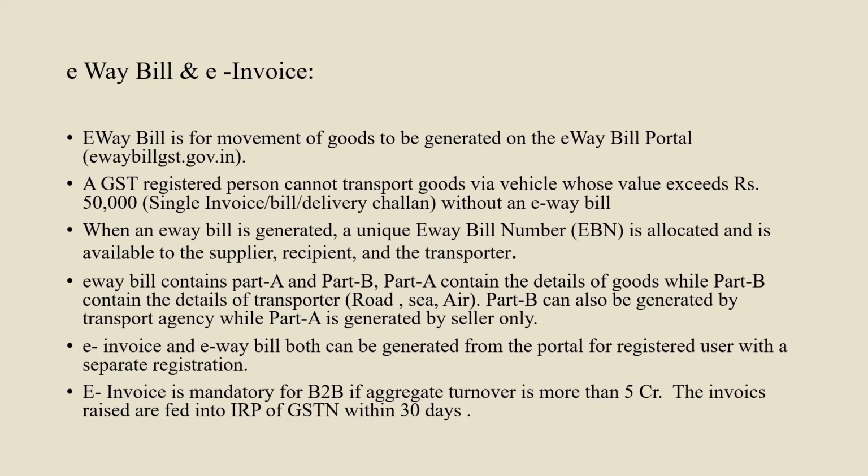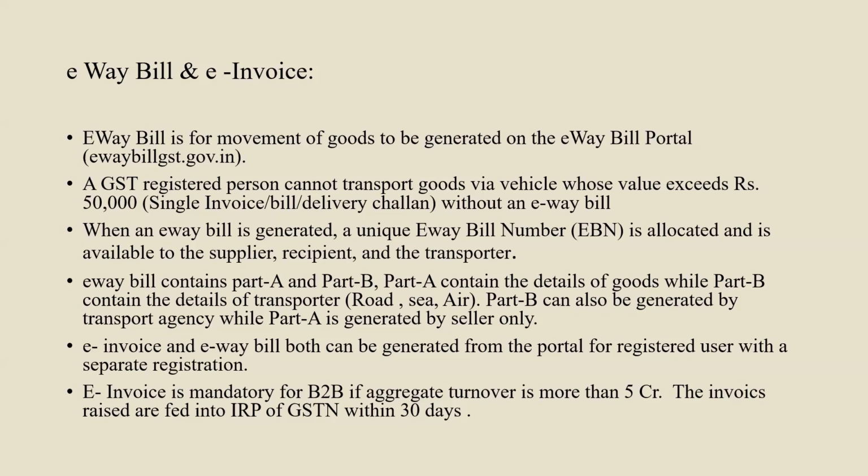An e-way bill number, EBN, will be given, and that will be on the e-way bill. So when such a product or goods of more than 50,000 are received by you as a not-for-profit, please see whether an e-way bill is accompanying the invoice or not. That is the important thing.